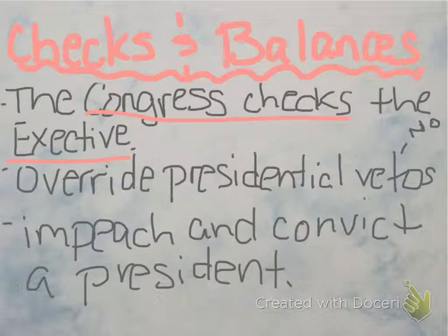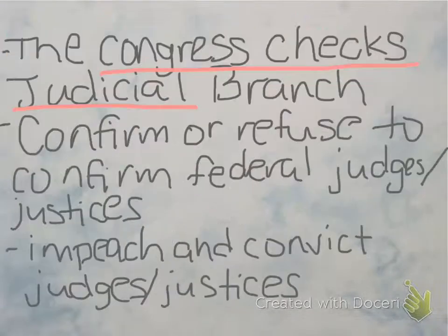And checks and balances is a title. The Congress checks the executive branch. They override the presidential vetoes, and they impeach and convict a president.